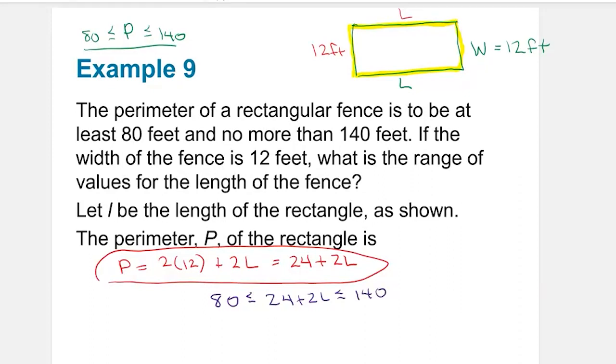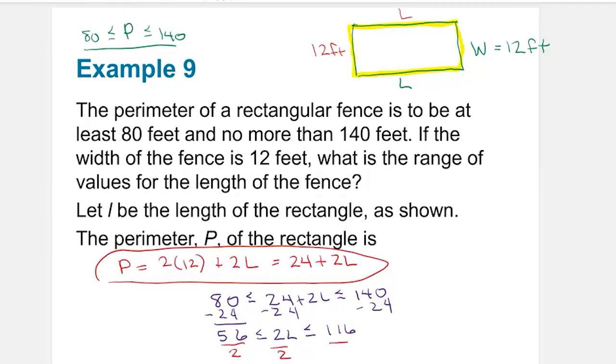And now I solve. I'm going to subtract 24 from every part. So I get 56 is less than or equal to 2L, which is less than or equal to 116. Yes, that looks right. And then I can divide everything by 2.